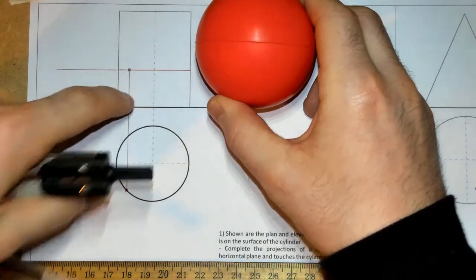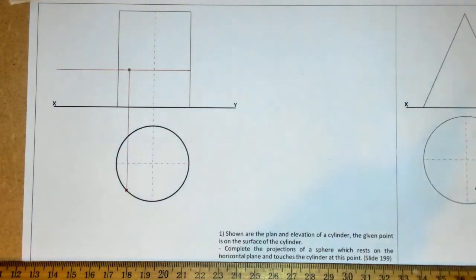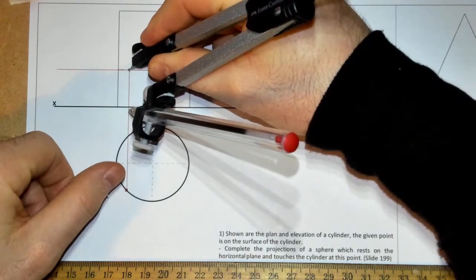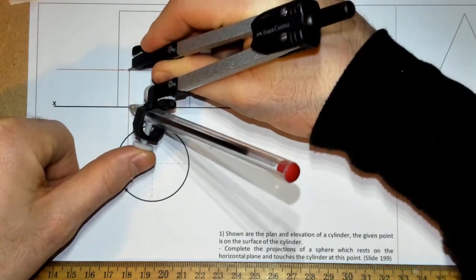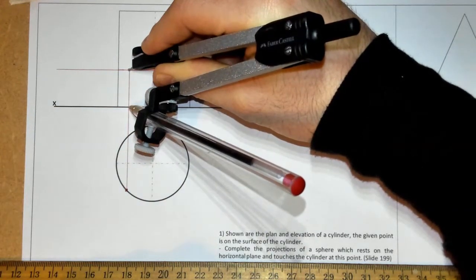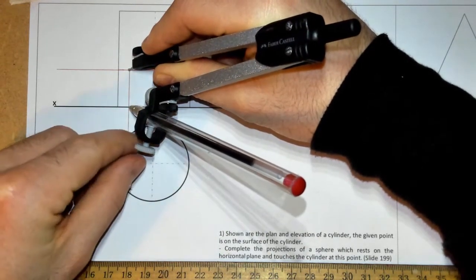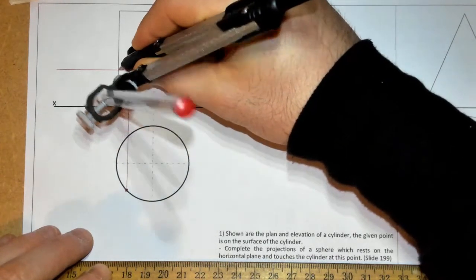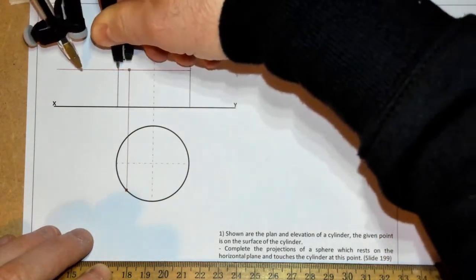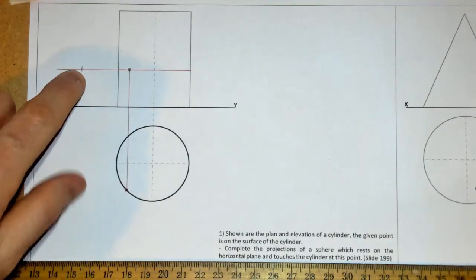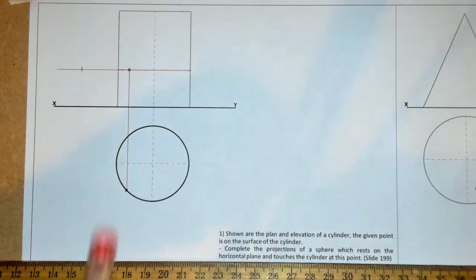The point of contact is going to be the radius of my sphere. So I'm going to take that distance from the point of contact down to the XY line, that's going to be the radius of a sphere that is touching the cylinder. And from the side of my cylinder, the extreme generator, I'm going to mark that out. And there is the center of a ghost sphere that touches on the outside.